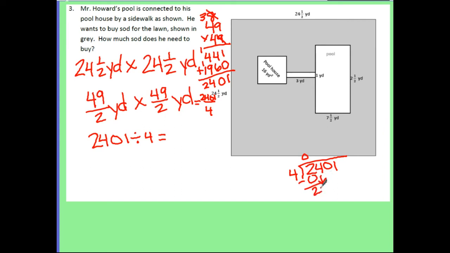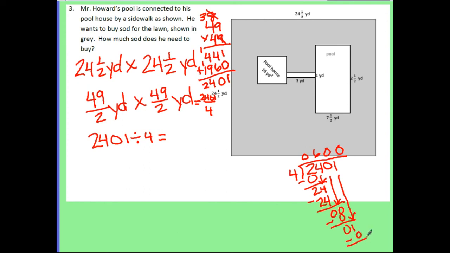So I bring down my 4. Now I have 24 divided by 4, which is 6. Then I multiply 4 times 6, I get 24. Bring down my 0. I have 0 divided by 4. Goes in there 0 times. Looks like a funny little face I've just drawn. And now I have my 1 to bring down. 1 divided by 4, I can't do that.